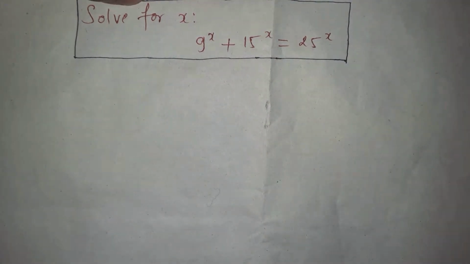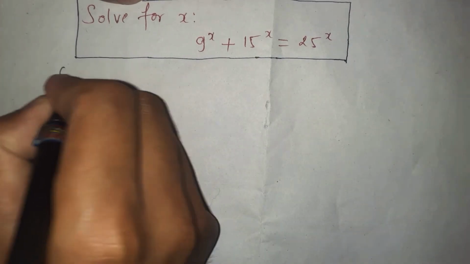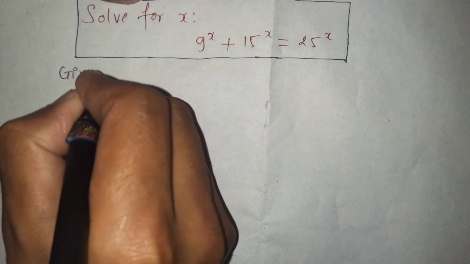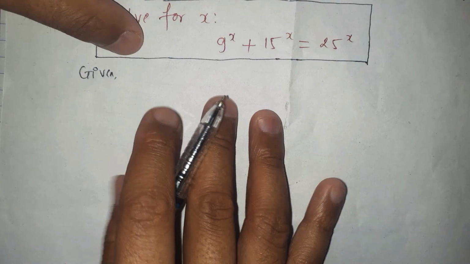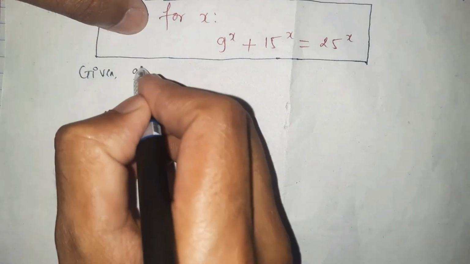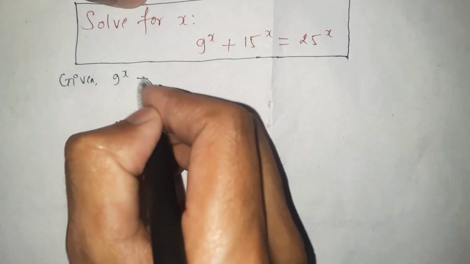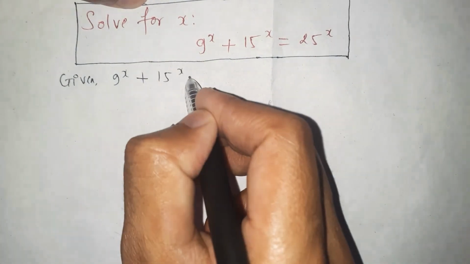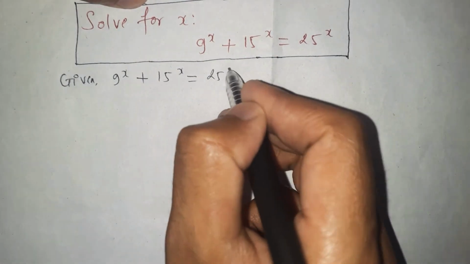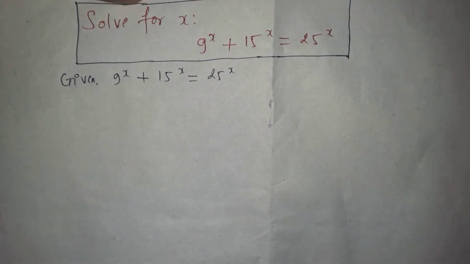Let's solve this question. Let me write the given equation once. 9 raised to the power x plus 15 raised to the power x gives 25 raised to the power x.